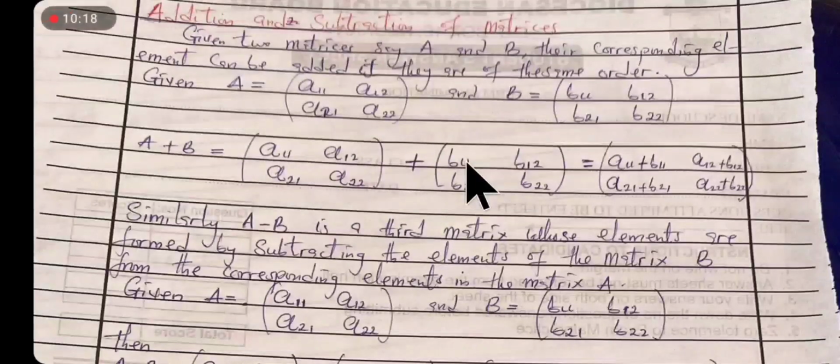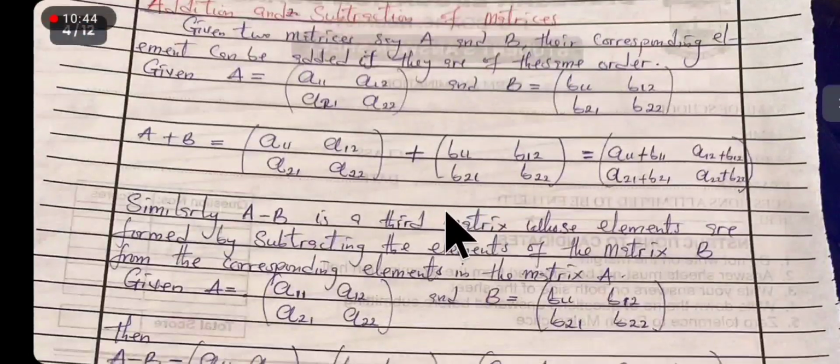A11 will be added with B11, A12 plus B12, A21 is added together with B21, and A22 is added together with B22. So this is how to do it.